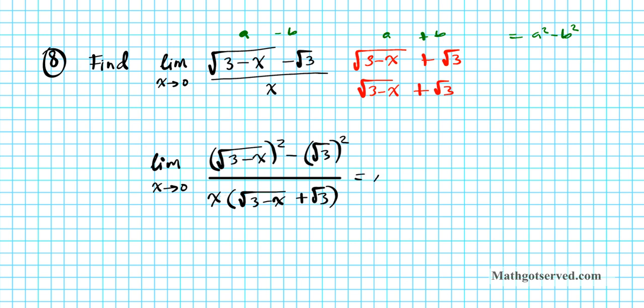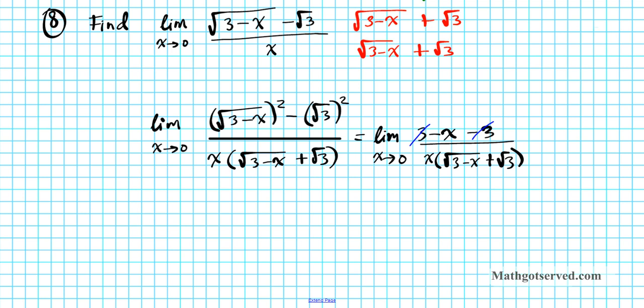So this gives us the limit as x approaches 0. In the numerator, the square and the square roots cancel out, so we have 3 minus x minus 3 divided by x times the square root of 3 minus x plus the square root of 3. Okay? You notice that these two 3's add up to 0, and then we have that negative x there, which we can divide the top and the bottom. So let me write it down again.